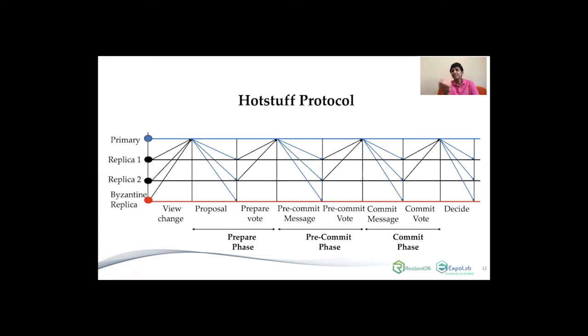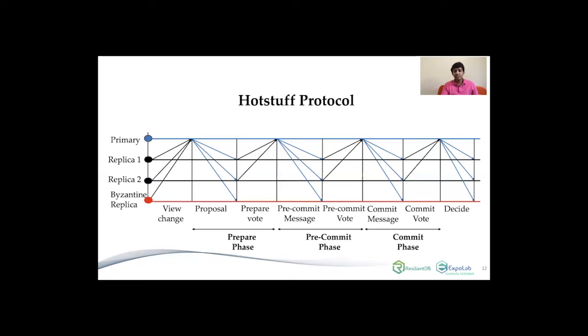Now, why did I say in the beginning that HotStuff forces sequential processing? Because if you see, at the end of each consensus, HotStuff is changing the primary. That means no single primary can continuously send many requests, which is possible in protocols like PBFT or SBFT.